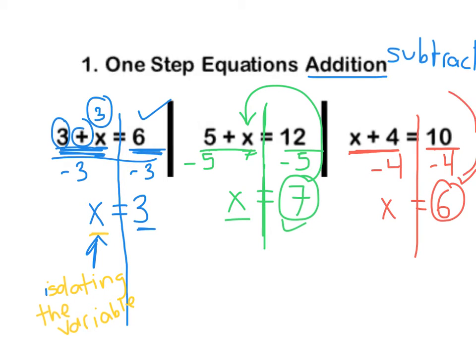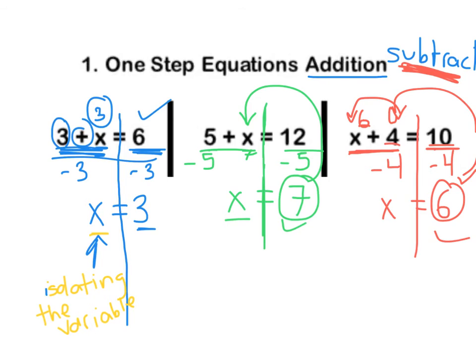Let's check it over here. I'll put a 6 in. Does 6 plus 4 equal 10? Yes. So that's how you do it. We have to remember, if we have problems that are added, we have to use the inverse, also known as the opposite, which is subtraction.